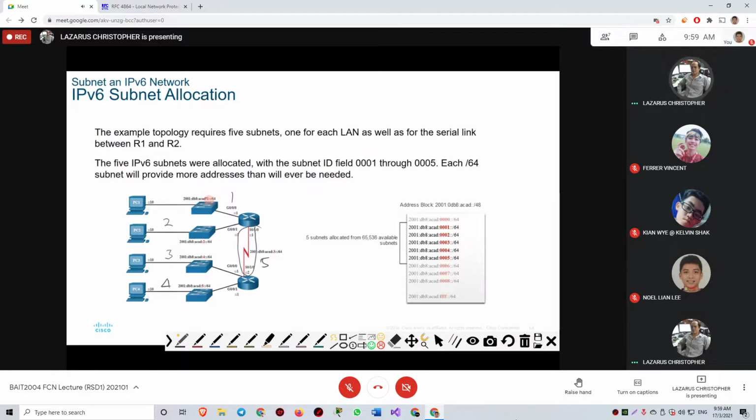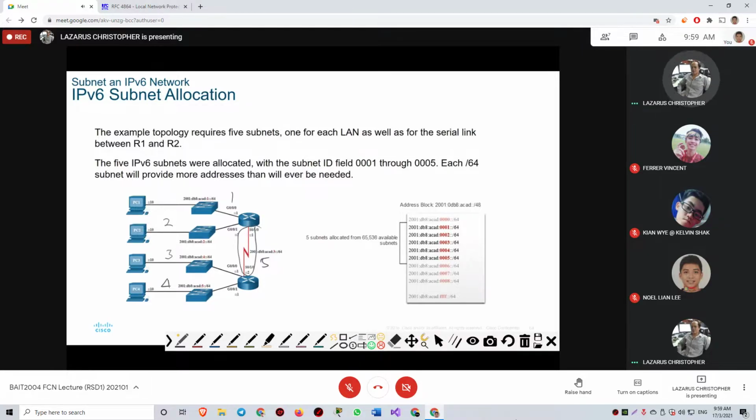Subnet ID 1, 2, 3 is here for the wide area network, 3, 4, 5. So 5 subnets and 5 subnet IDs created from 1 to 5.